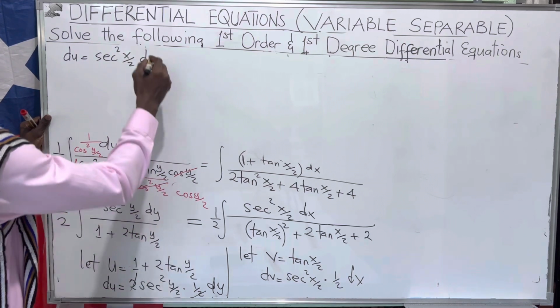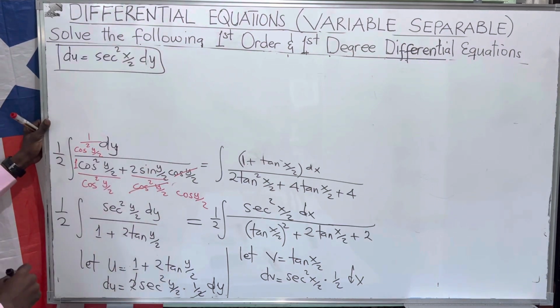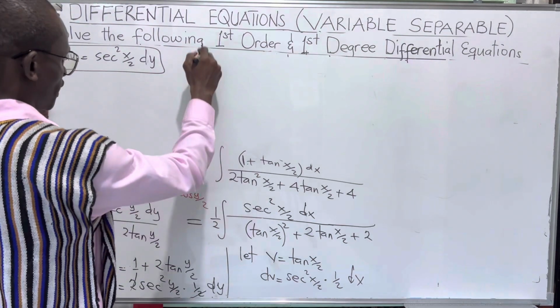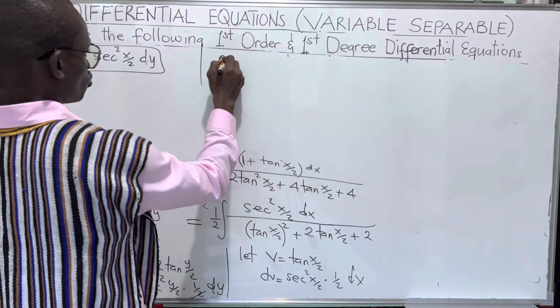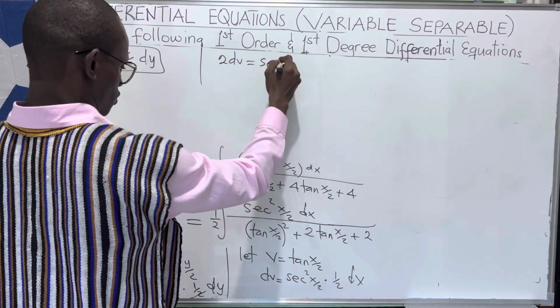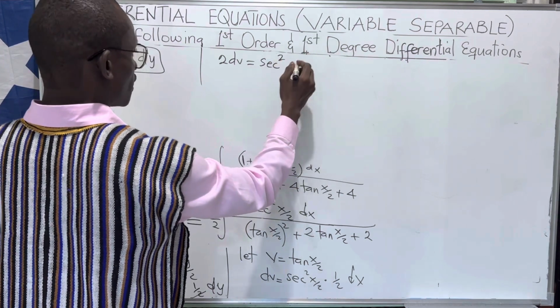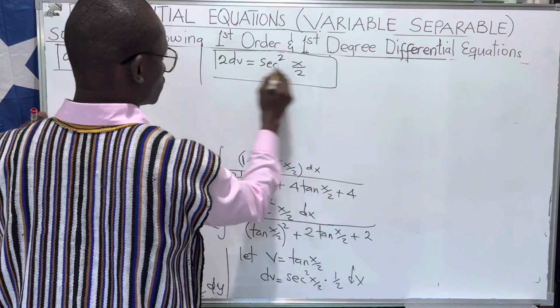So this is just dy. This is the first one that we're going to replace. And then the second one, we have dv now: 2 dv equals secant squared x over 2 dx.